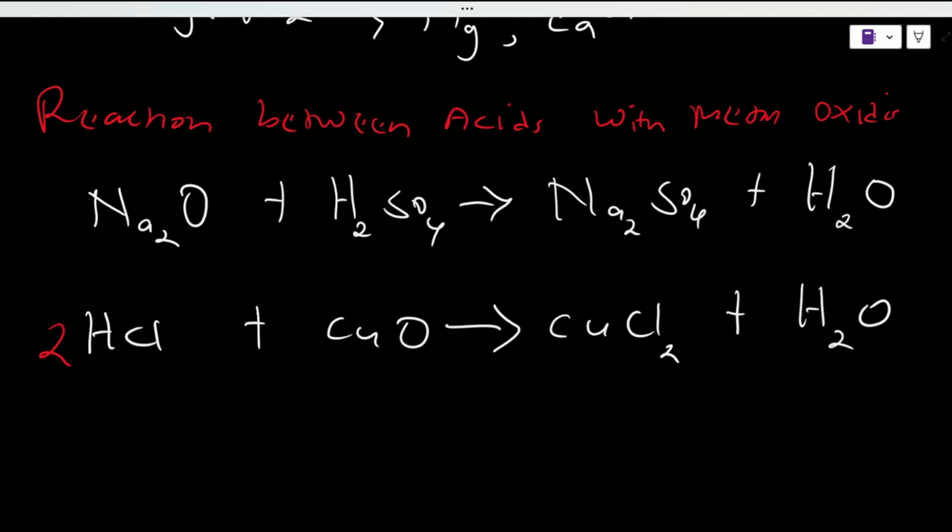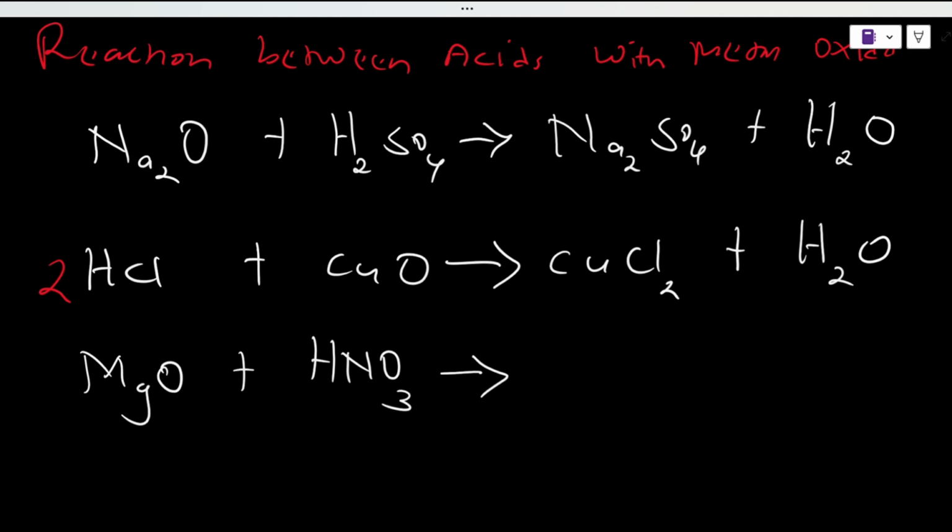The next one that I'm going to do is the reaction between magnesium oxide and nitric 5 acid. So imagine I'm having magnesium oxide plus nitric 5 acid.